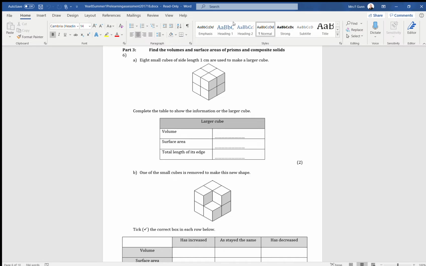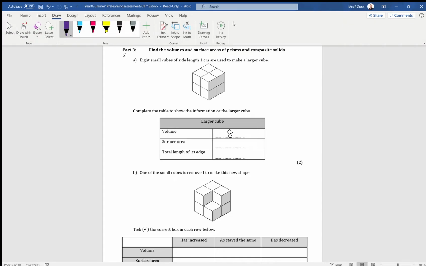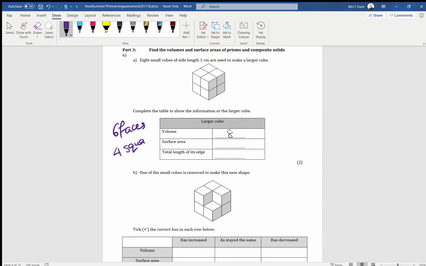So the volume, how many cubes are in here? 1, 2, 3, 4, 5, 6, 7, 8. Surface area. So the surface area is the area of all the faces added up. So cubes have 6 faces, and each face here has got 4. So the surface area is 6 times 4, 24.